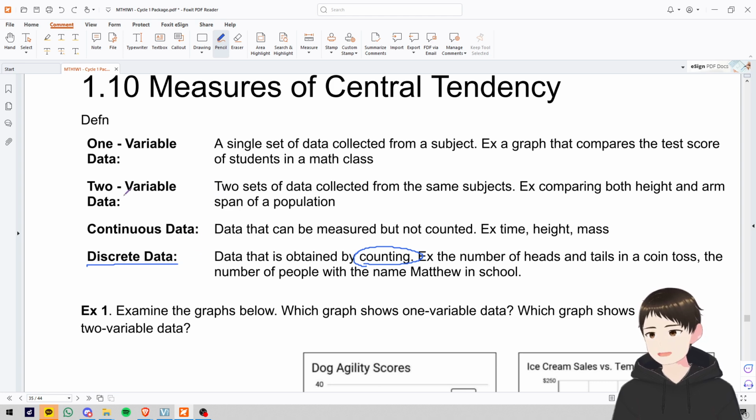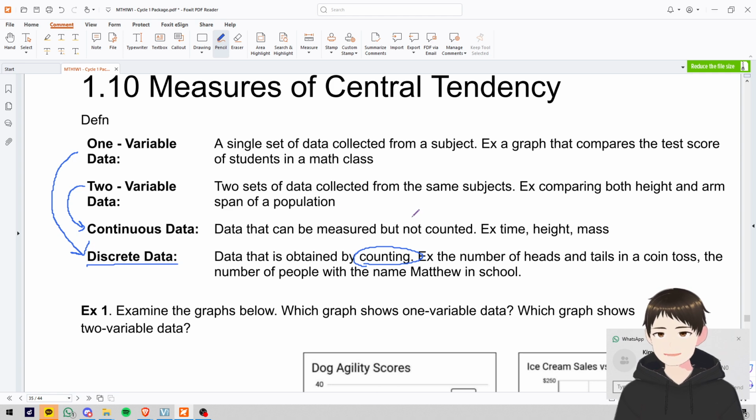All right. So in general, one variable data is usually discrete because we count, and two variable data is usually counting a relationship or measuring a relationship. So we sort of observe how two different things act together. Okay? So let's talk about this.